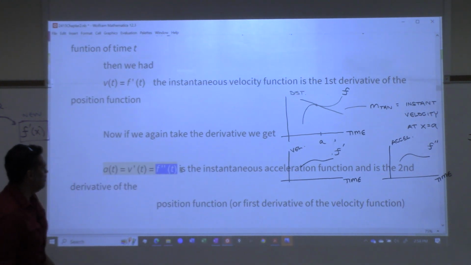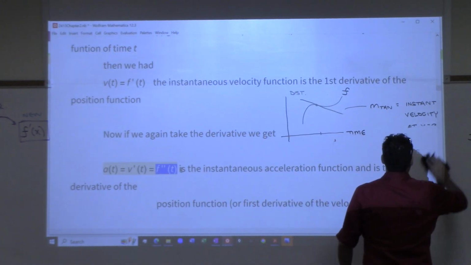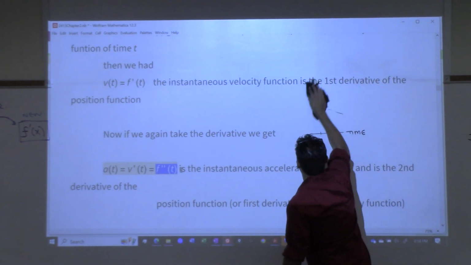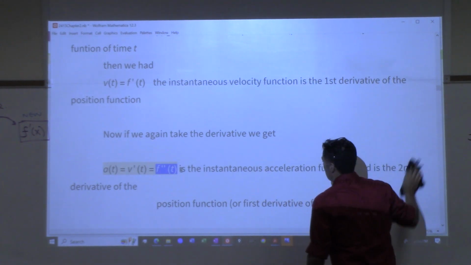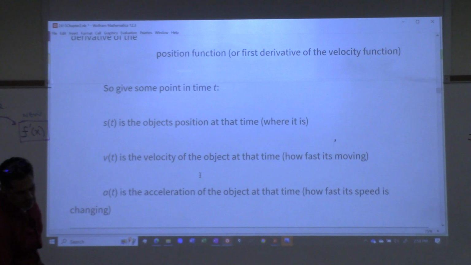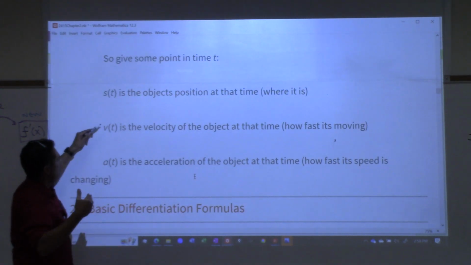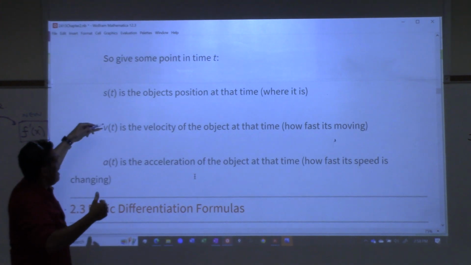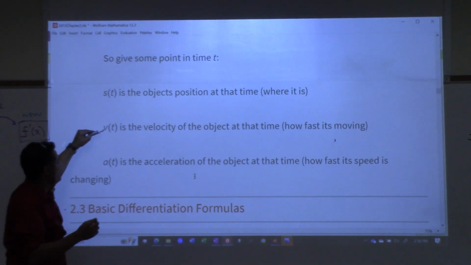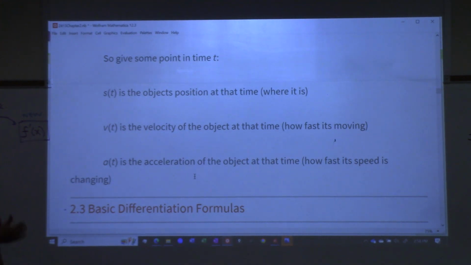So it's a very useful thing for us. We'll get to do some problems with that, but that's the summary. S of t is position. The velocity is the derivative of that, which is how fast it's moving. And the acceleration is the second derivative, how fast the speed is changing.